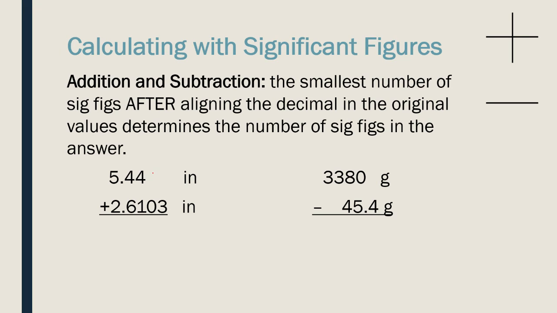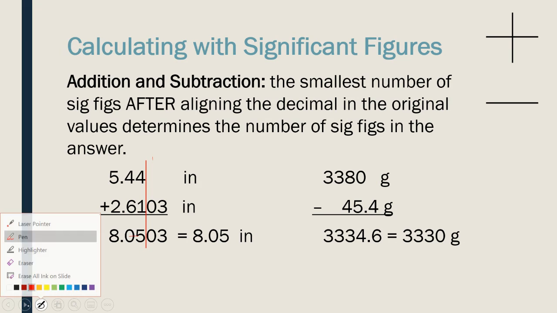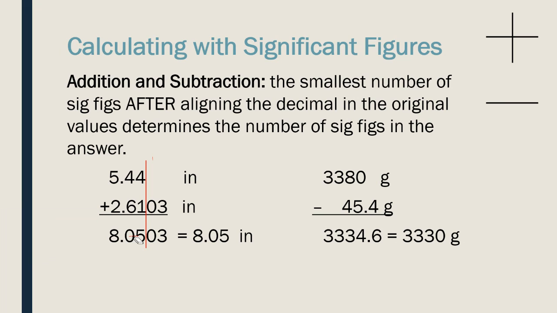Because this is addition and subtraction, we do it on a calculator, and then we want to make sure that the answer is not more accurate than the stuff we put in. You see how this only went to the hundredths, and then this went to the 10,000ths. So our answer can only be accurate to the hundredths, because that's how accurate that was.